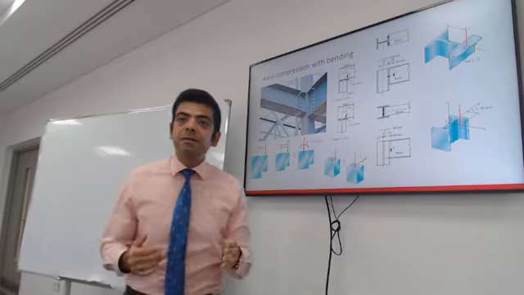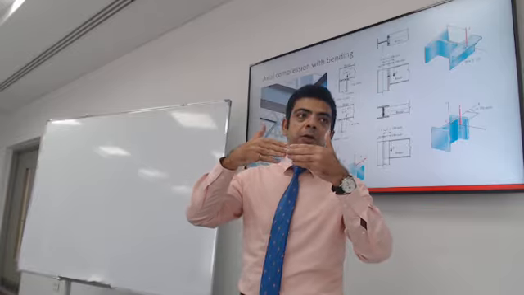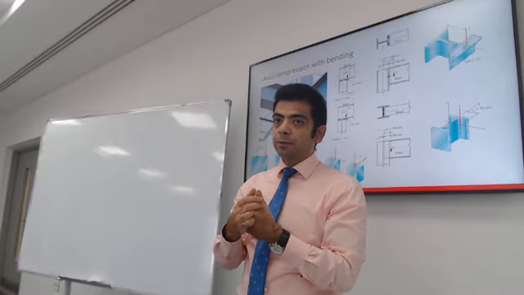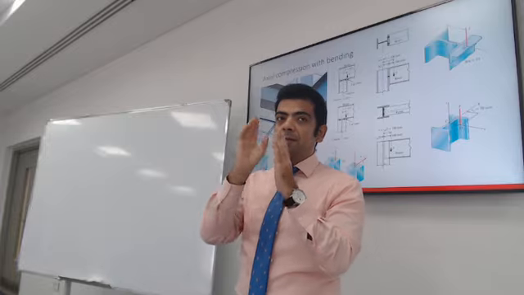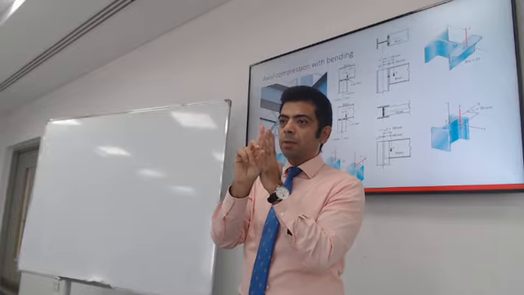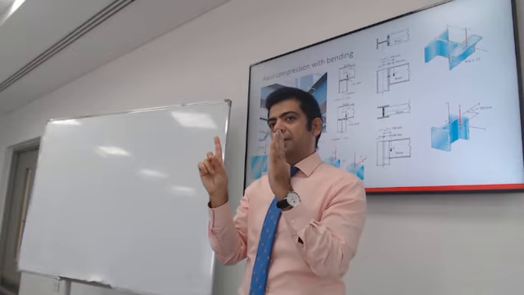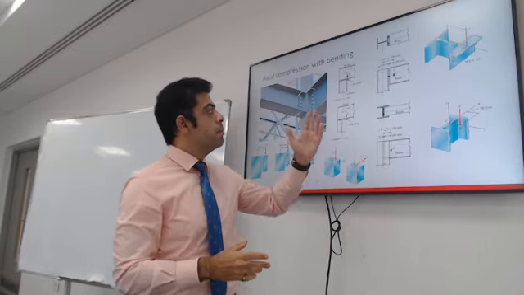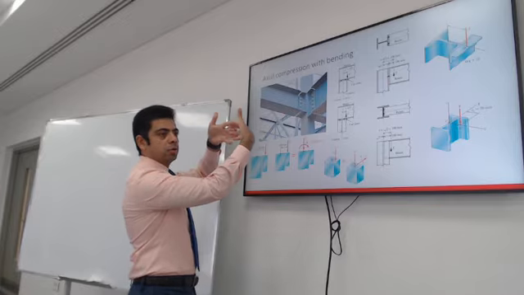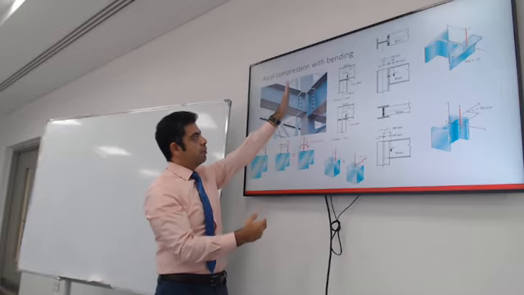Can you think of a reason why a column could be exposed to moment under the axial load? If the axial load is not applied perfectly in the center of the column, it's applied with an offset, or eccentricity. As a matter of fact, most connections will have the bolts offset from the face of the column.